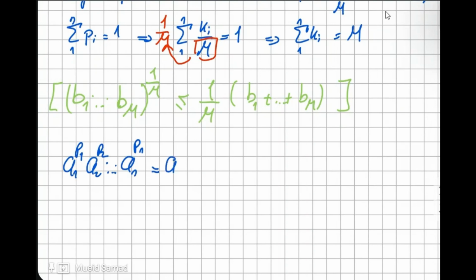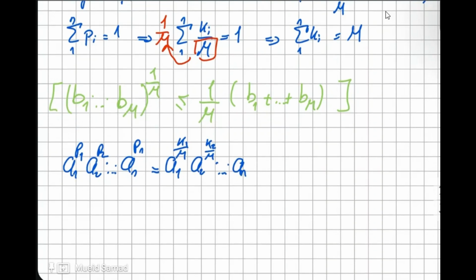So this is a1 to the power of k1 divided by m times a2 to the power of k2 divided by m, and so on, till an to the power of kn divided by m. Now, the next step is to extract this 1 over m out. So we have a1 to the power of k1 till an to the power of kn, all to the power of 1 over m.